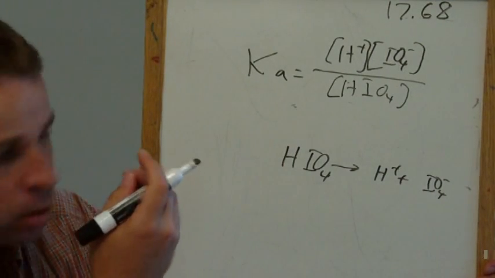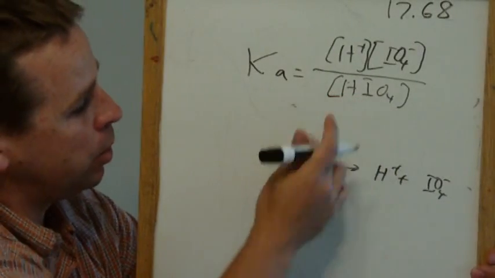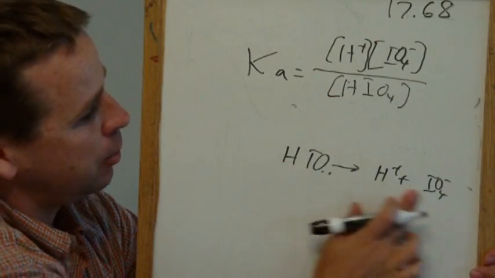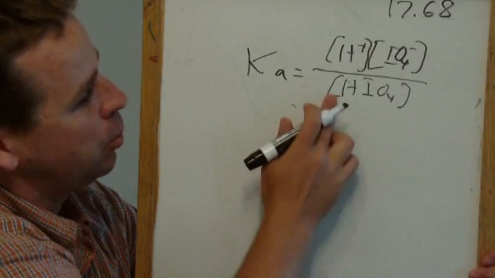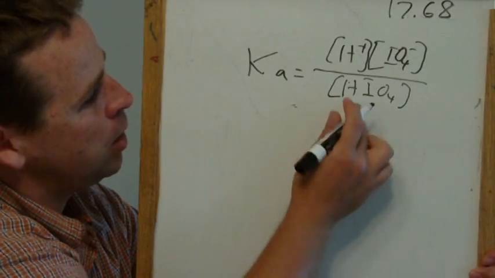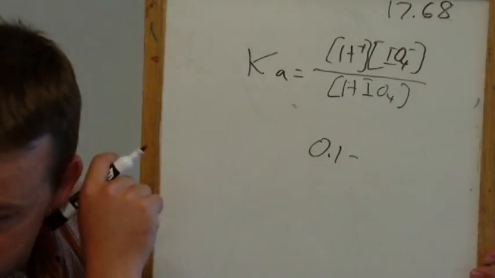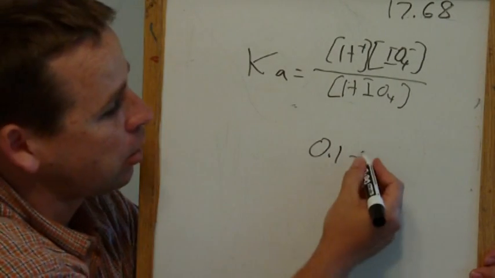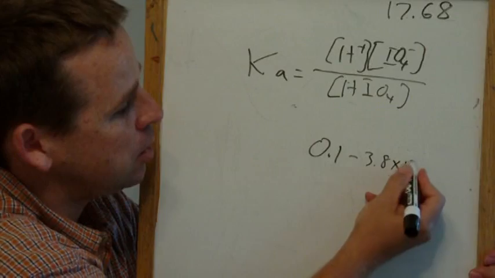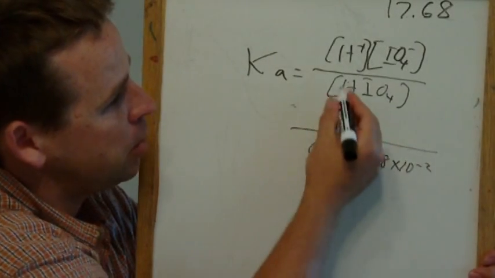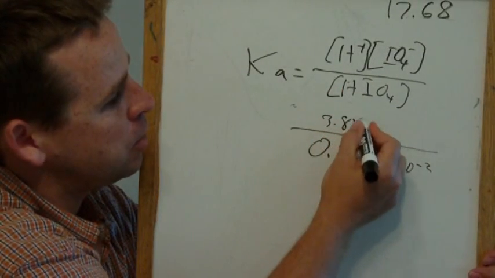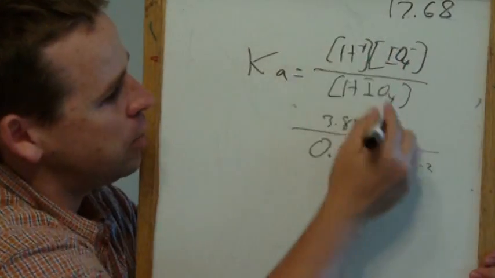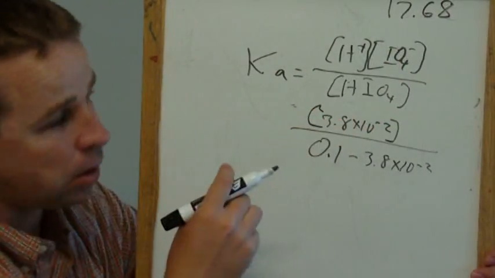In 0.1 molar, so if we put in 0.1 molar, all right, I'm going to erase this right here. Put in 0.1 molar, 0.1 is how much we started off with, and the H plus concentration in that solution is 3.8 times 10 to the minus 2. And this up here is 3.8 times 10 to the minus 2. That's the concentration of H plus ion, so they told us.